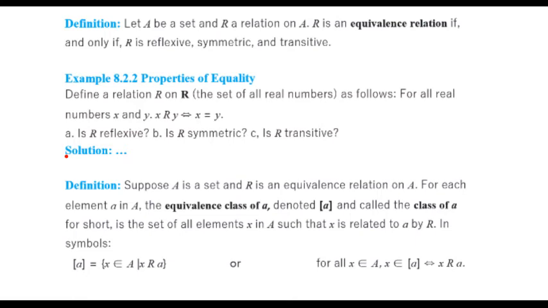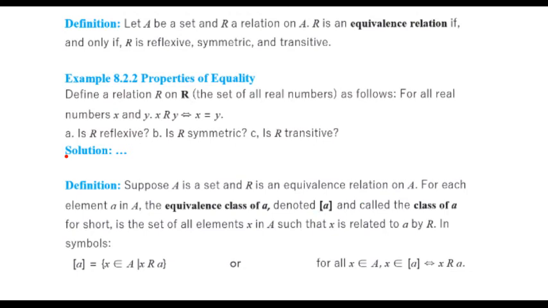So for each element a in A, the equivalence class of a, denoted by this symbol, bracket a, is called the class of a, or the set of all elements x belonging to A such that x is related to a by R.